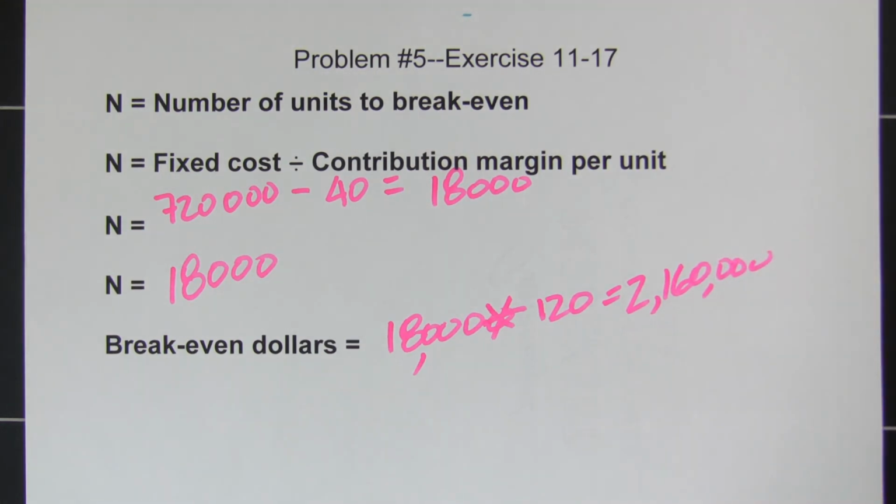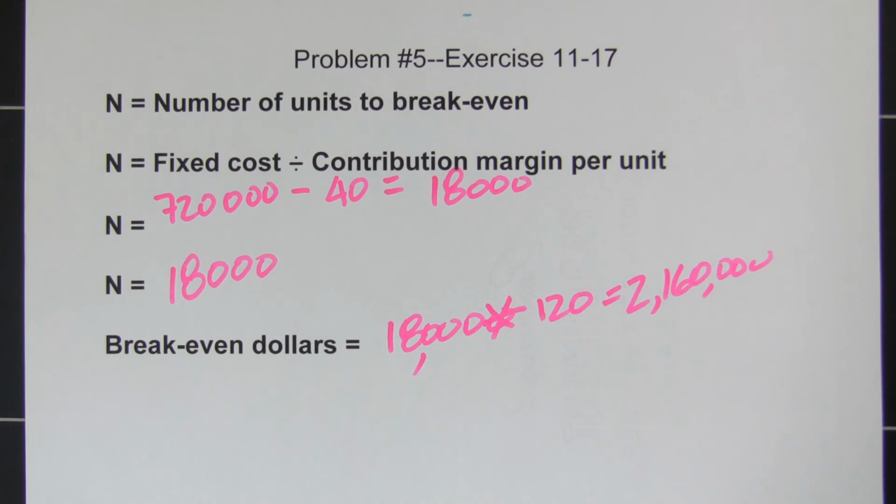So, when I sell 18,000 units, or when I sell $2,160,000 worth of inventory, I will have covered my fixed cost. I've reached the break-even point.